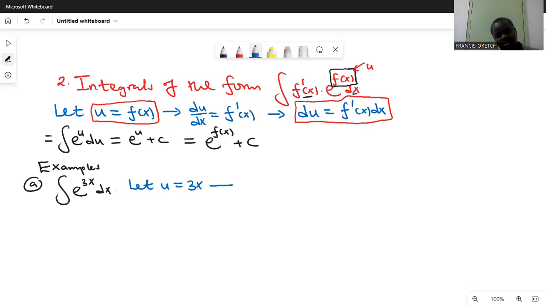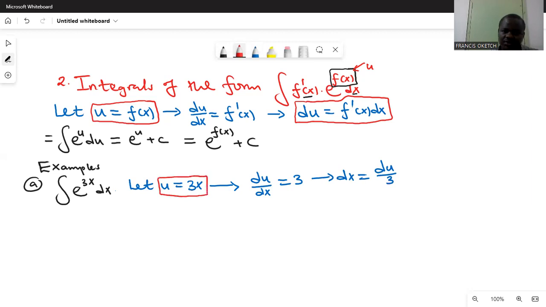So I need to find the du dx. So from here, the du dx is the same as 3. Or I can make dx the subject. So you can say dx is equals to du over 3. So I can bracket our substitutions.